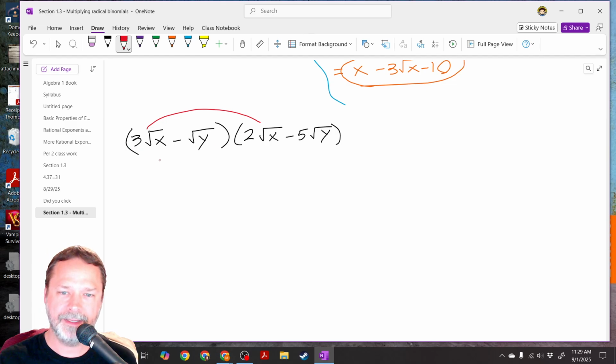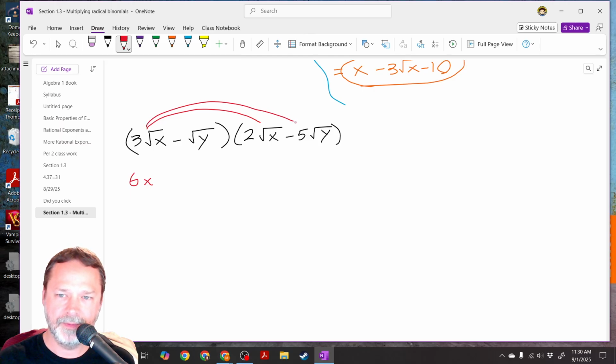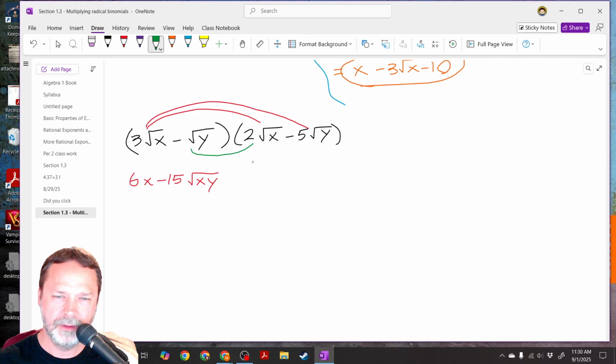Now I can multiply the 3 times the 2, and I get 6. Root x times root x is x. We can do that. So 6x. And then we multiply these right here, and I get 3 times negative 5, that is negative 15. Root x times root y is root xy. All right. And then we got negative y times 2 root x.